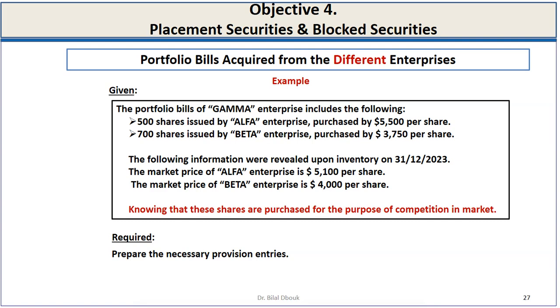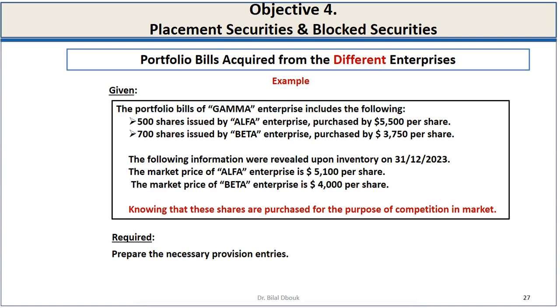The following information was revealed upon inventory on 31/12/2023. Market price of Alpha Enterprise is $5,100 per share, and the market price of Beta Enterprise is $4,000 per share. Knowing these securities are purchased for the purpose of competition and market, I have to prepare the necessary provision entries.